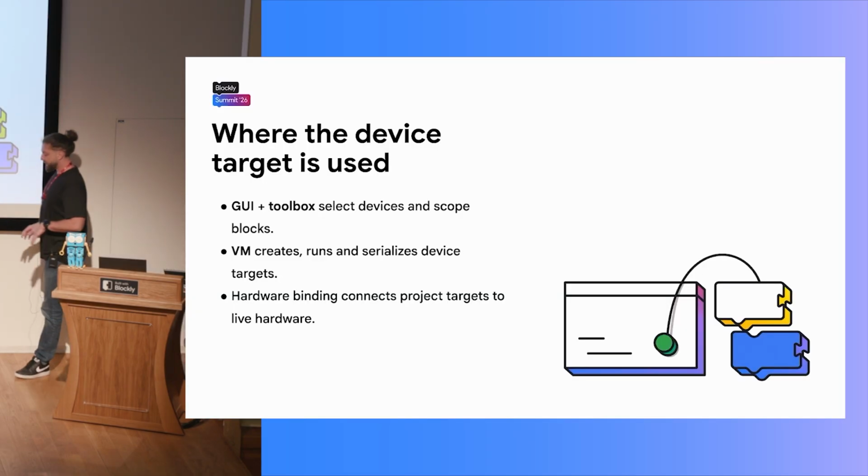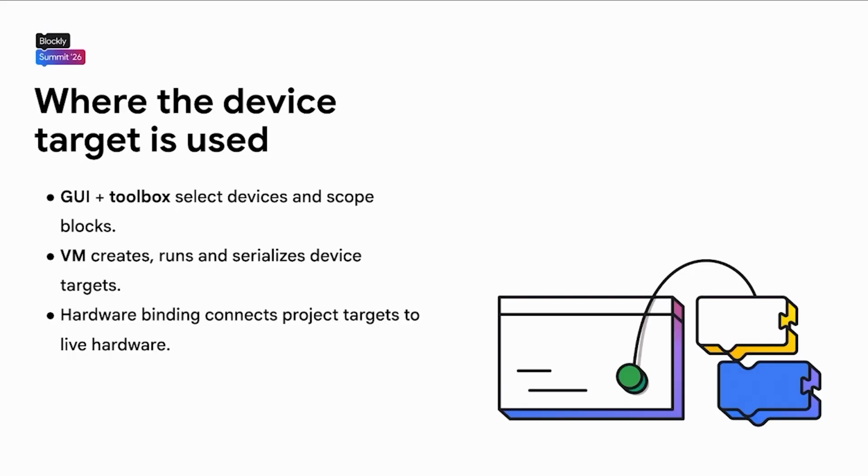Right now, the same concept needs to be understood by several layers. The GUI is responsible for displaying and selecting the target. The toolbox is responsible for filtering the blocks based on the selected target. The VM is responsible for creating, managing, and serializing the target.